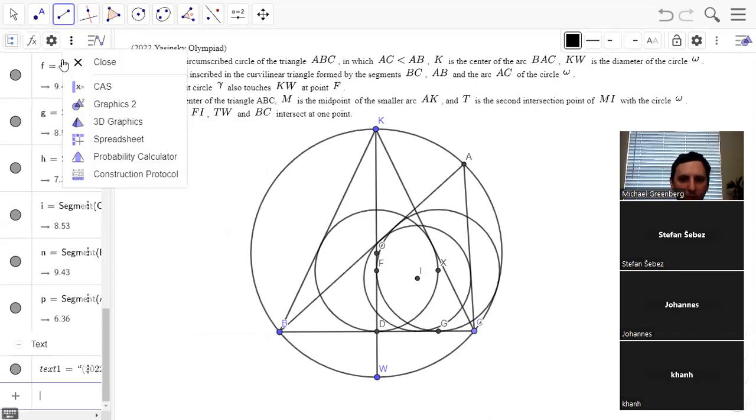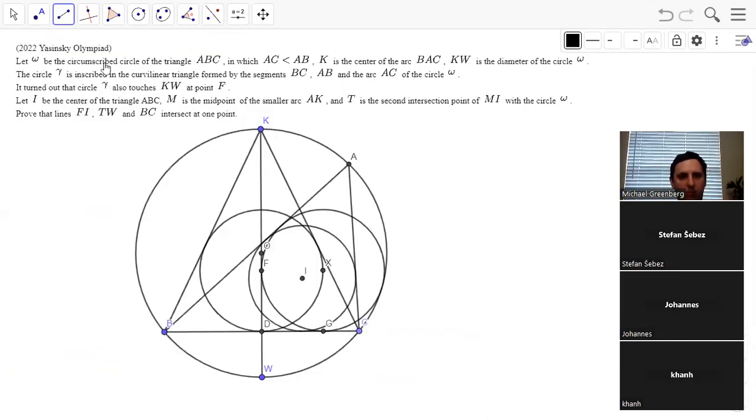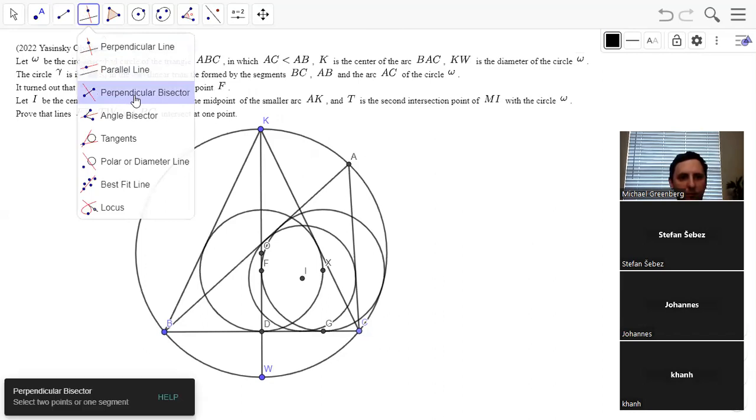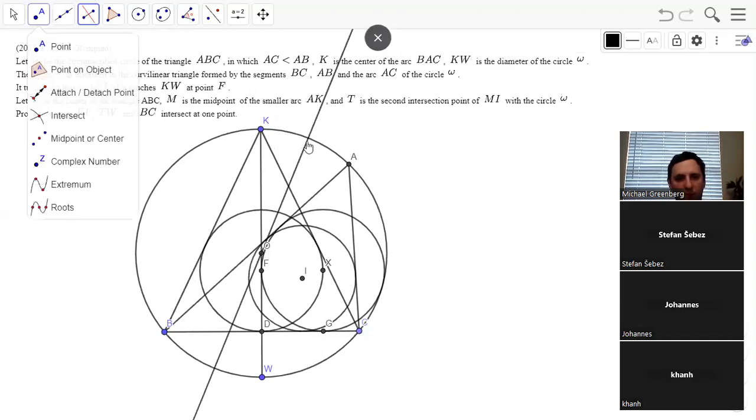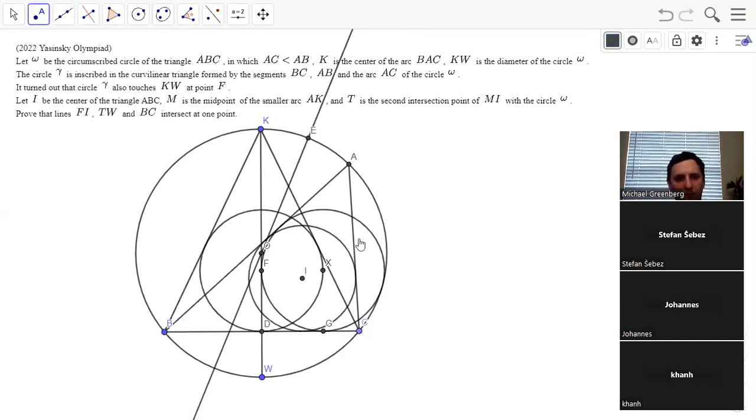All right. And then we need to draw M. This is M.